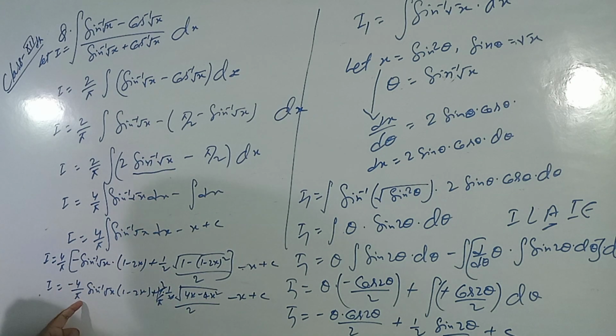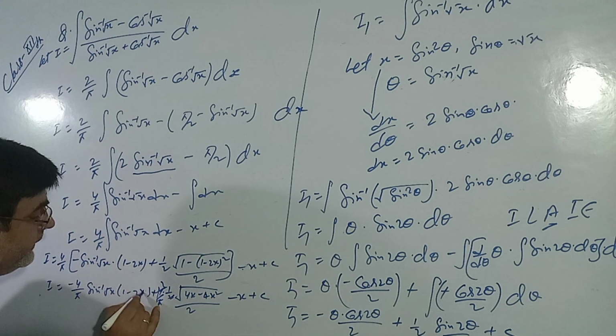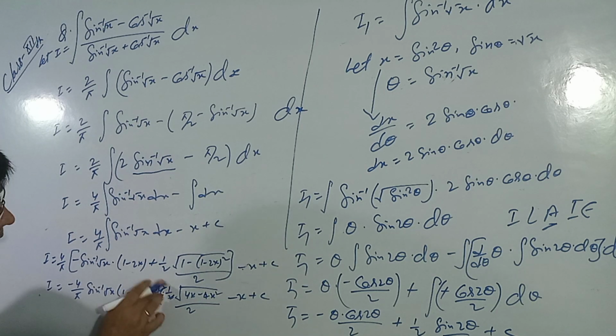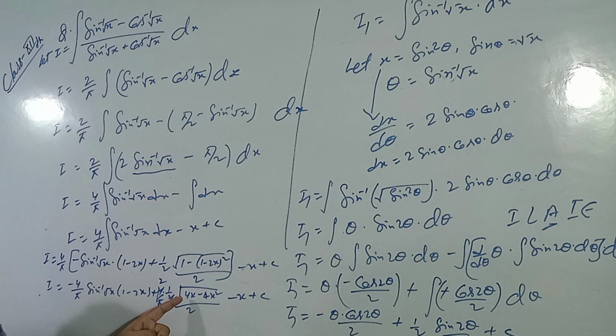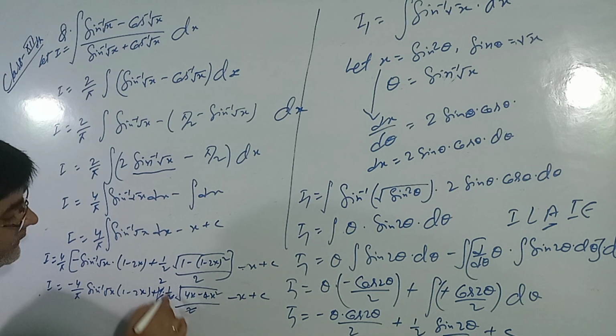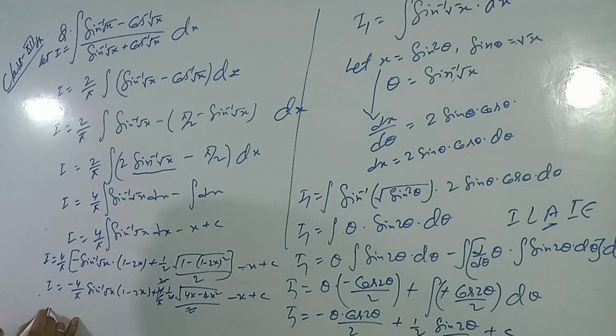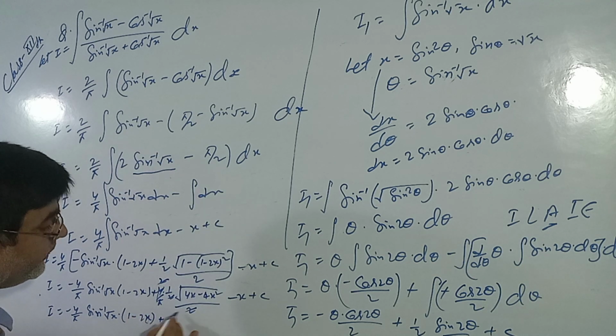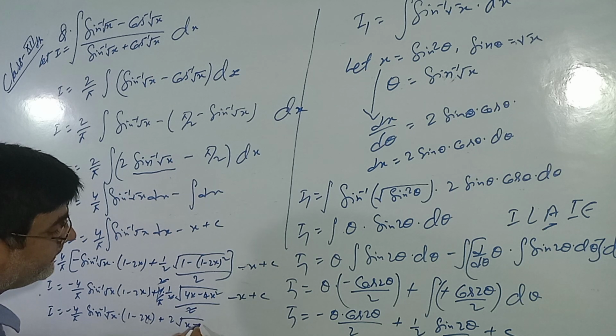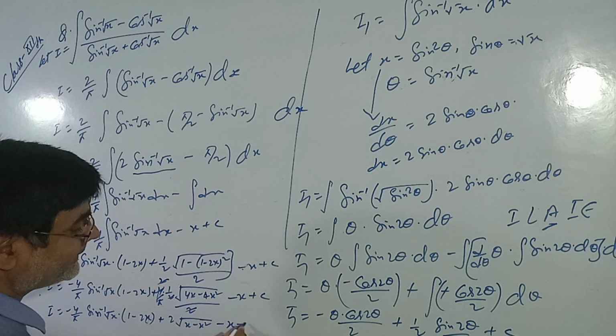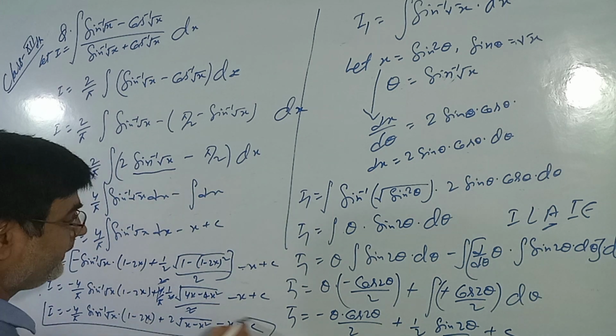I equals minus 4 by pi sin inverse root x into 1 minus 2x plus 2 under root, and the 2 cancels out. So I equals minus 4 by pi sin inverse root x into 1 minus 2x plus, taking 2 common, x minus x square, minus x plus c. This is the final answer, students.